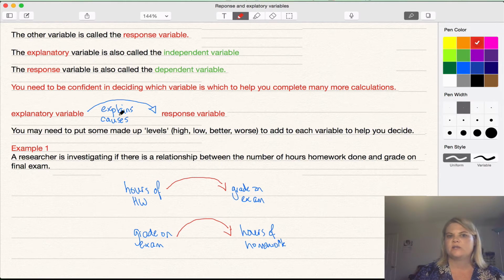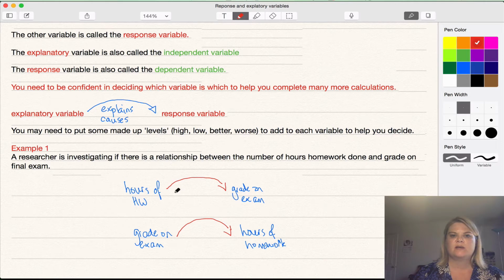Remember these two little words here, explains and causes. So we go through here and ask, does hours of homework cause or explain the grade on the exam? That might make sense to you. Does the grade on the exam cause or explain the hours of homework? That might make sense to you as well.